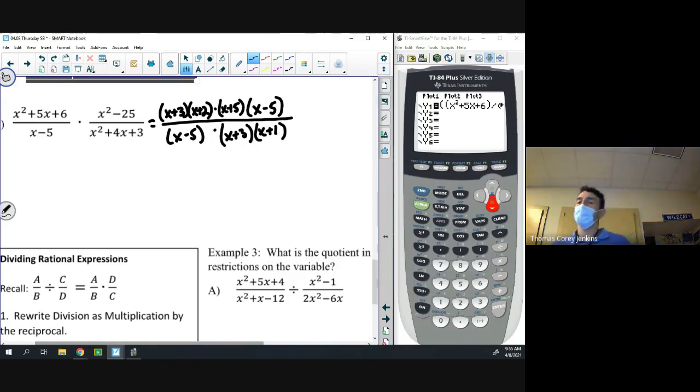I went ahead and just wrote it all out in factored form. I'm going to leave that there for just a second and let you double check your work or get caught up with me.